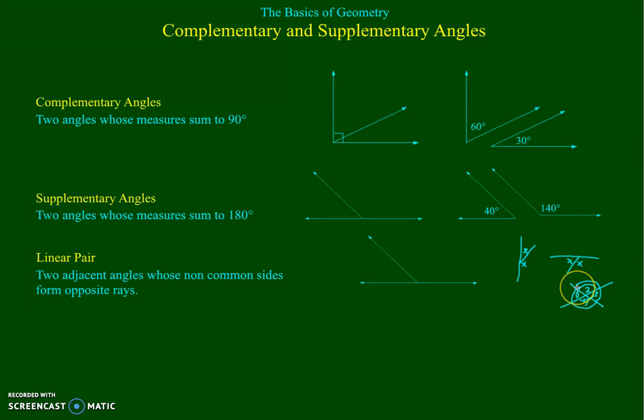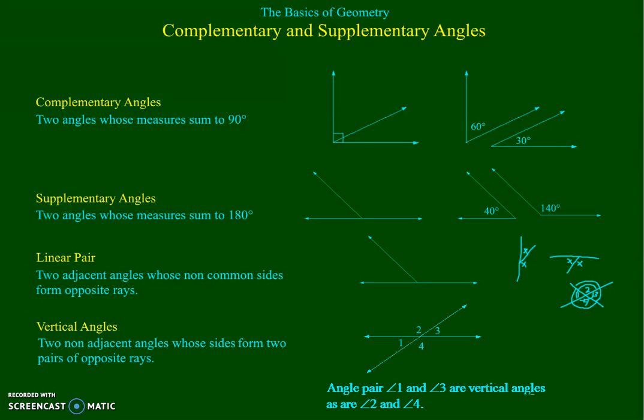All right, let's look at the next idea here. Now we have vertical angles. With linear pairs, we were using adjacent angles. So angle 1 and 2 here are a linear pair, but angle 1 and 3 are non-adjacent angles whose sides form 2 pairs of opposite rays. So here's 1 pair of opposite rays, here's 2 pairs of opposite rays.